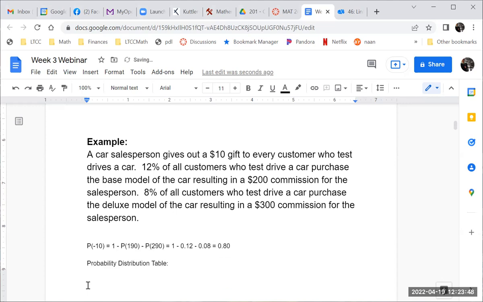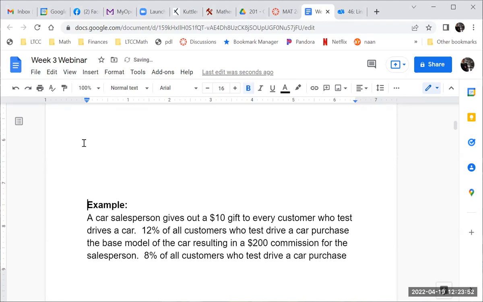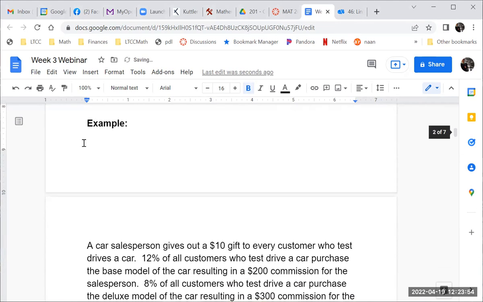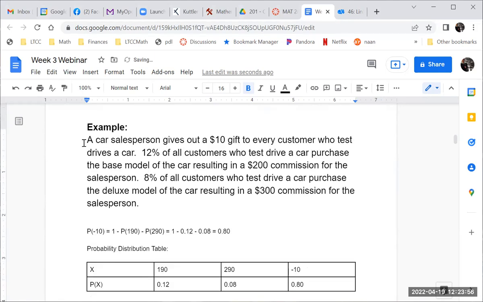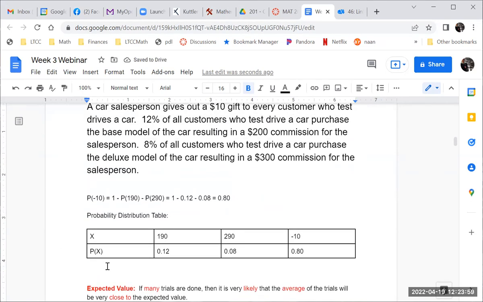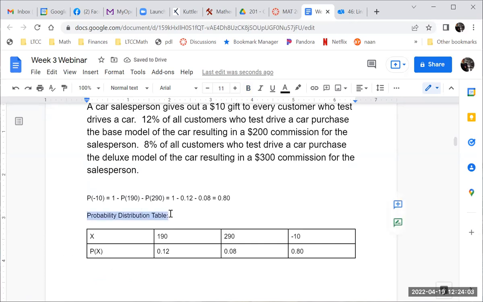Because of that, I can draw what's called a probability distribution table. I'll put that maybe in red, because that's what we're doing. That's the main thing here.